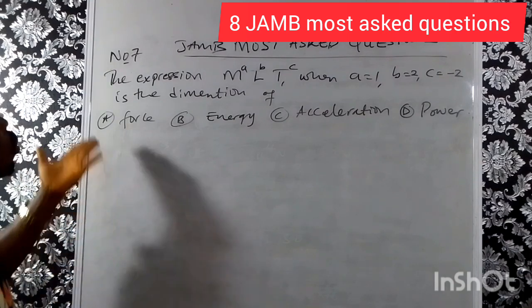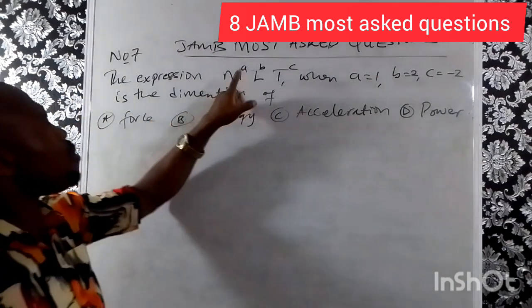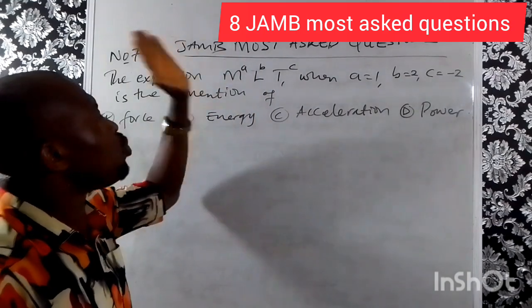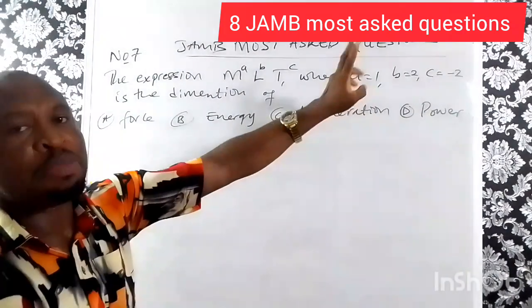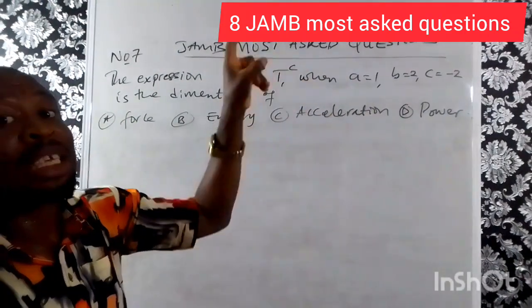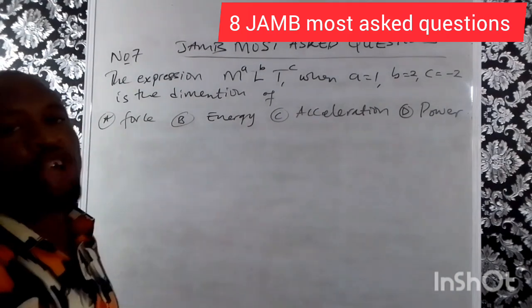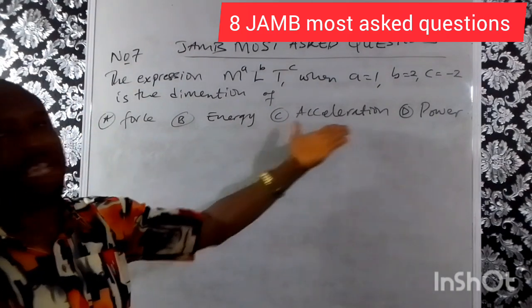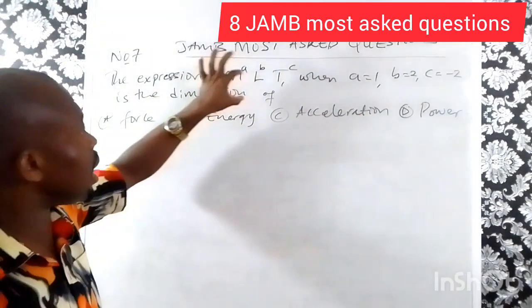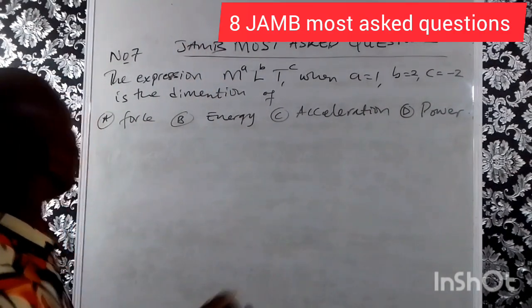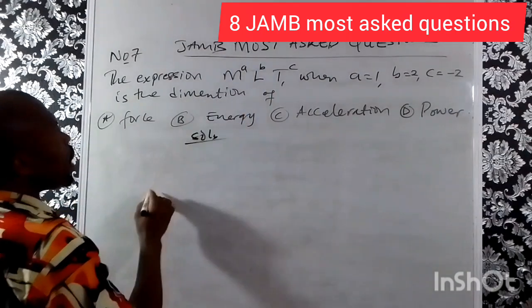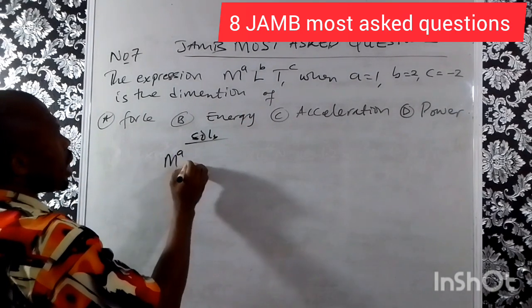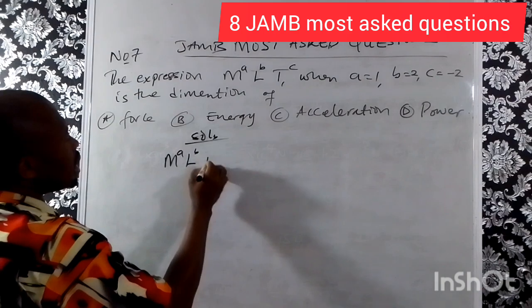This one says the expression M^a L^b T^c, when a is 1, b is 2, c is -2, has the dimension of which of these. Now, all we need to do is, with the solution, we bring this M^a L^b T^c.